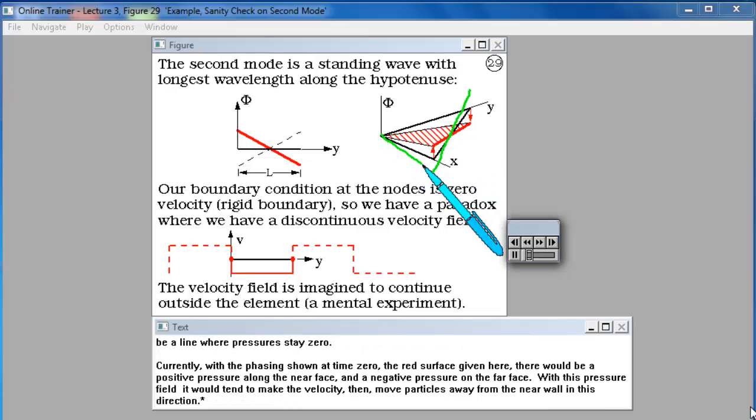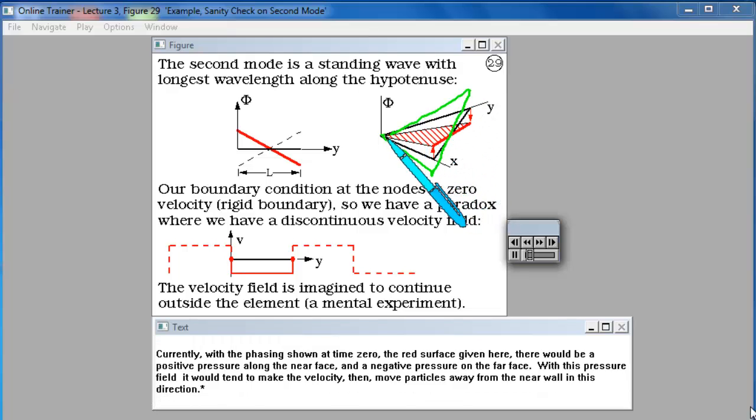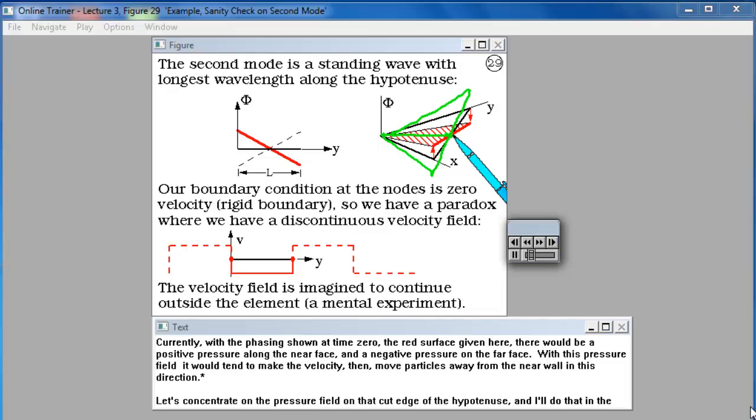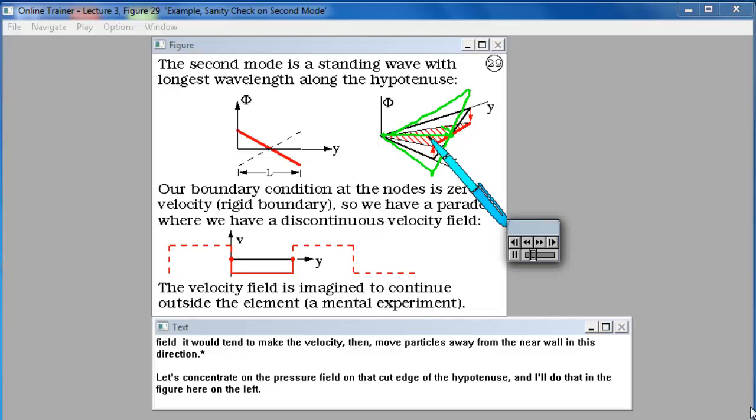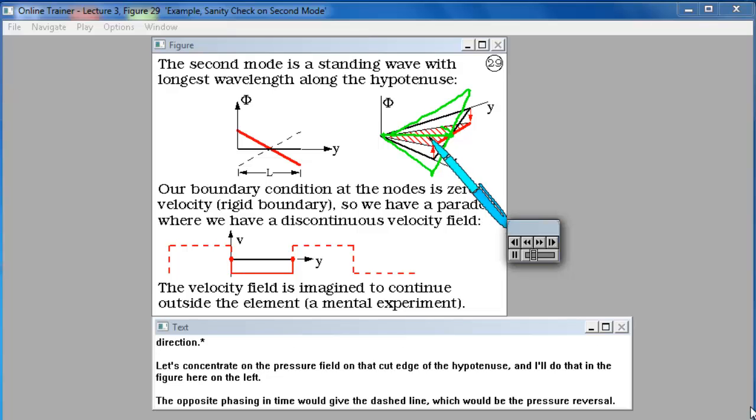And then there would be a Chladni nodal line along this direction from the origin out to the middle of the hypotenuse, and that would be a line on which pressures would stay zero. Currently, with the phasing shown at time 0, the red surface given here, there would be a positive pressure along the near face and a negative pressure on the far face.